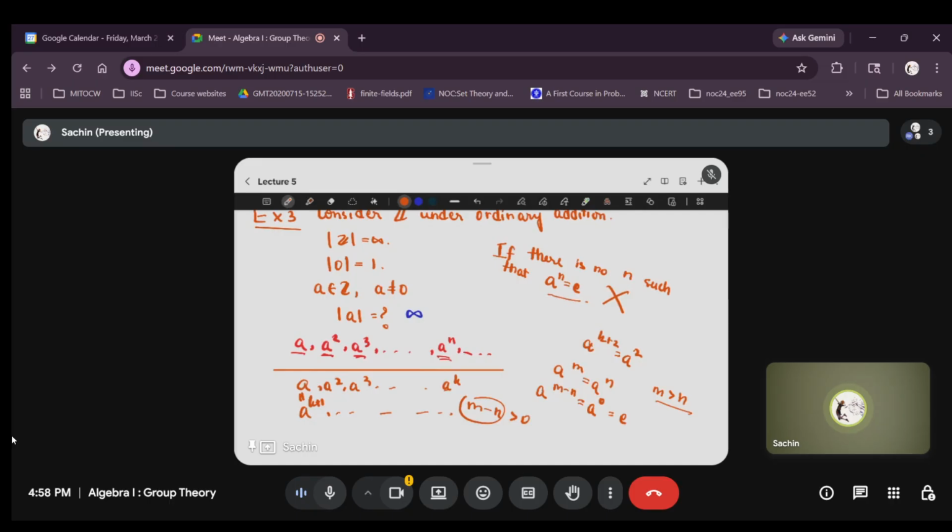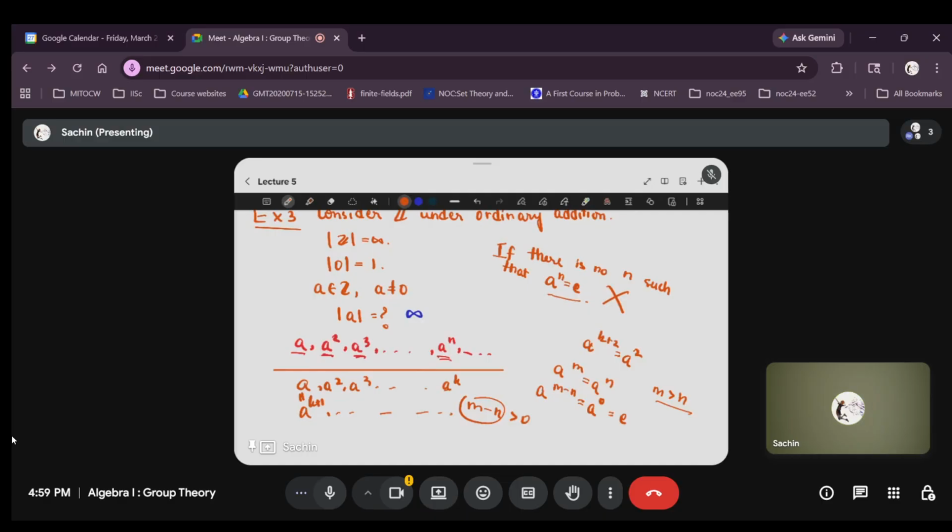In a finite group, or in a finite set in which closure is satisfied, show that every element has an inverse. Some problem like that we had solved, and that had the same logic. So both these things can't simultaneously happen.